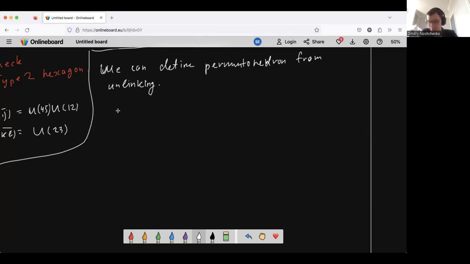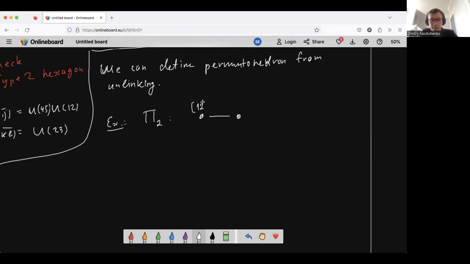So, generally, let's just consider an example first. For example, if we have permutohedron pi 2, maybe I need to put some different notation, maybe I need to use square brackets.